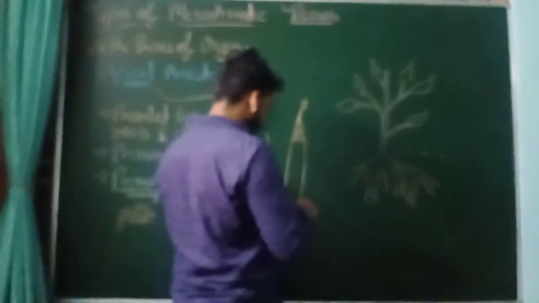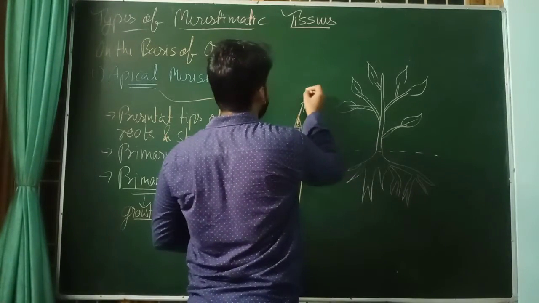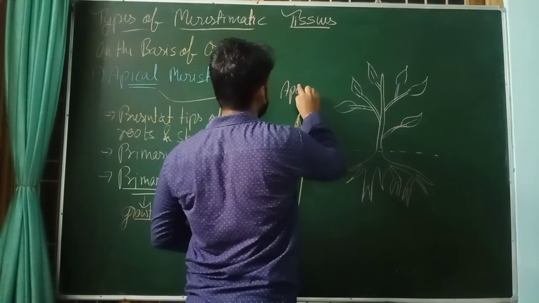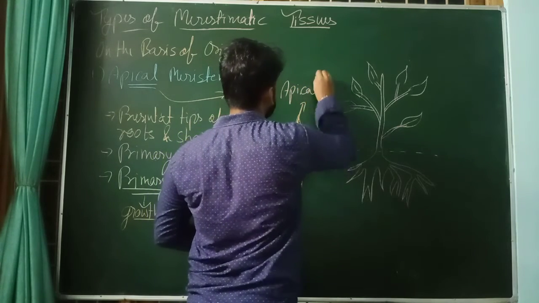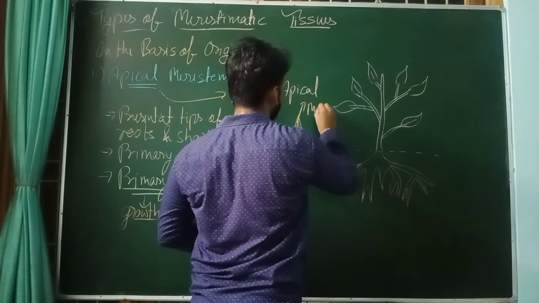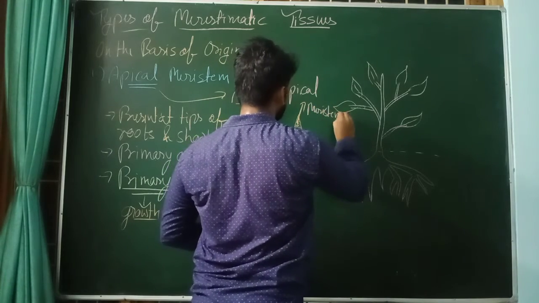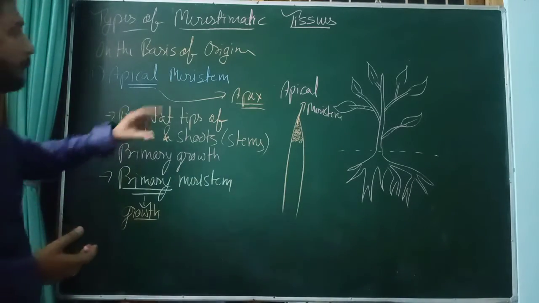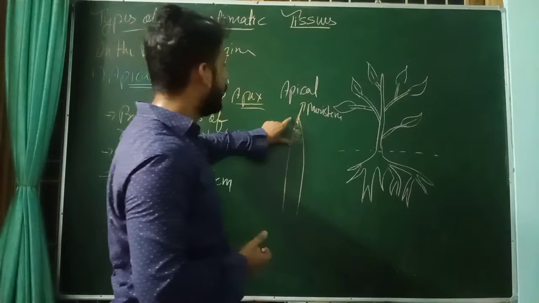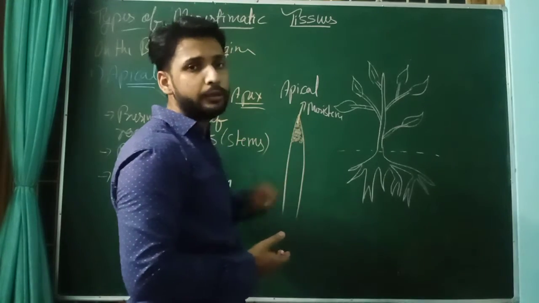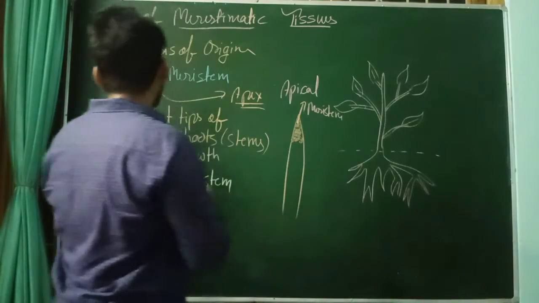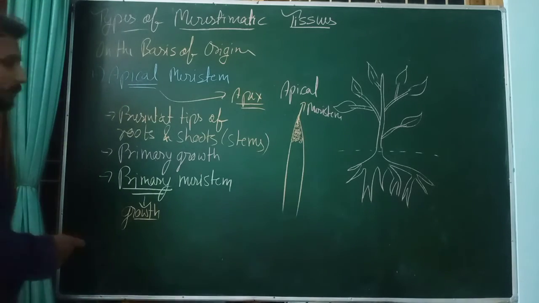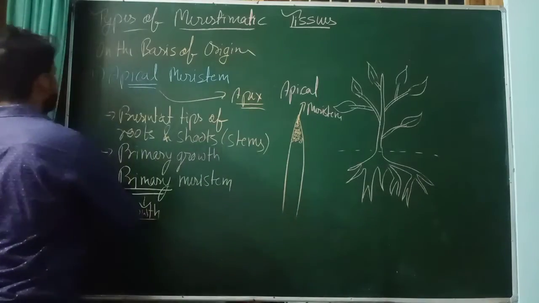It helps in increasing root or shoot length. So it is the apex, and here it is apical meristem. It helps in increasing the length of root or shoot.